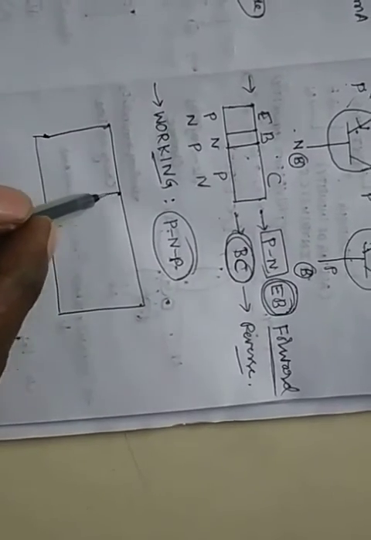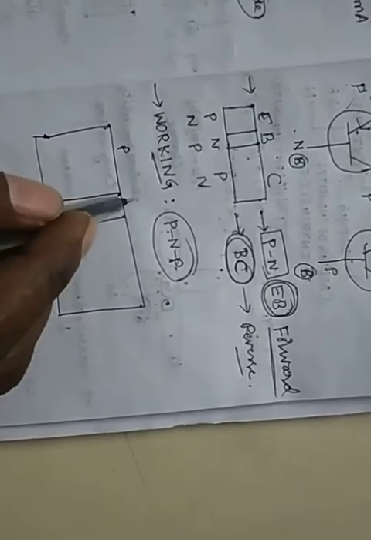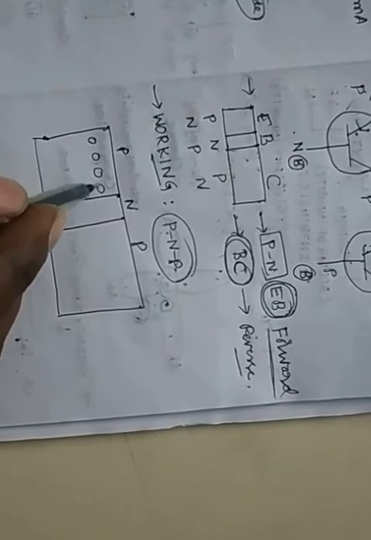Next, the working of the PNP transistor. In P, the majority charge carriers are holes. In N, the majority charge carriers are electrons.